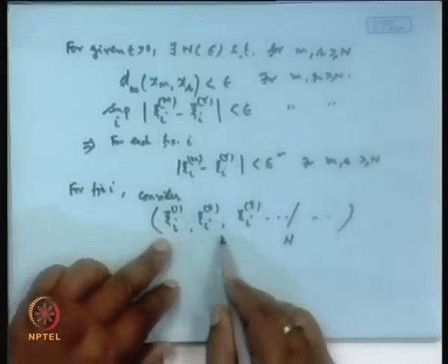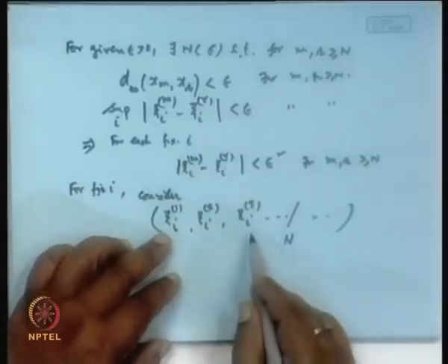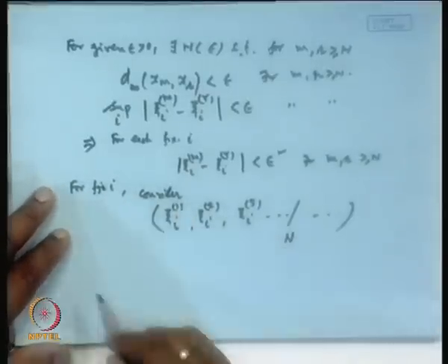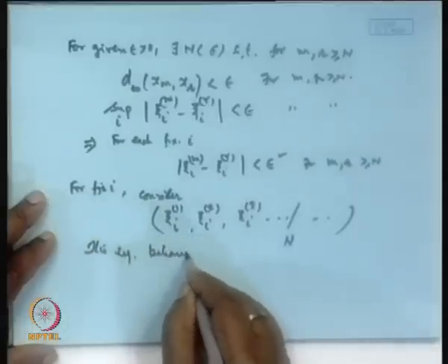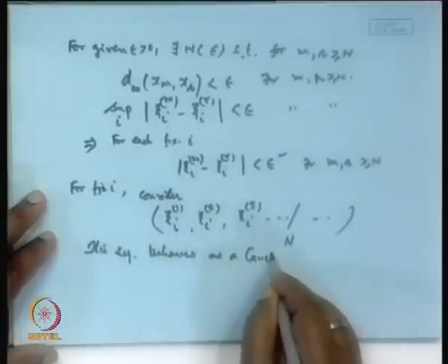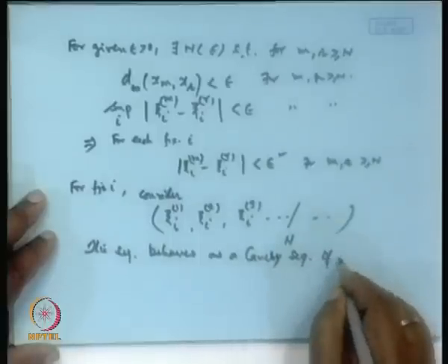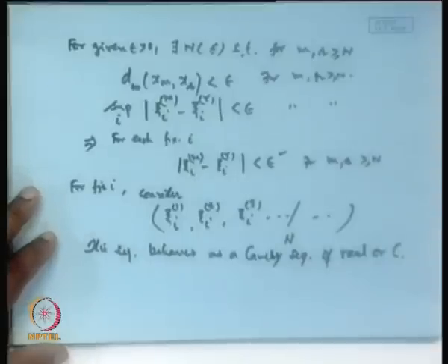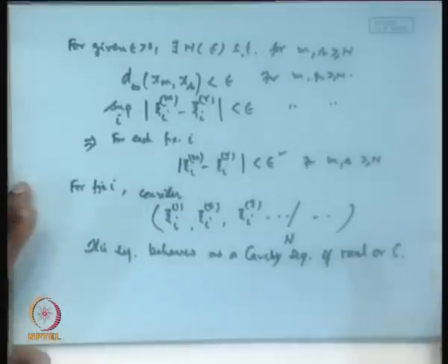So, it means this is a sequence which behaves as a Cauchy sequence of real or complex numbers for each i. For fixed i, this sequence behaves as a Cauchy sequence of real or complex numbers, and any real or complex sequence which is Cauchy is a convergent one.